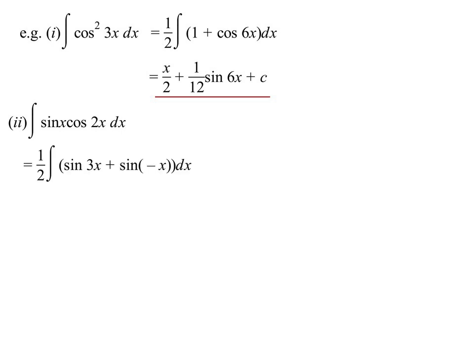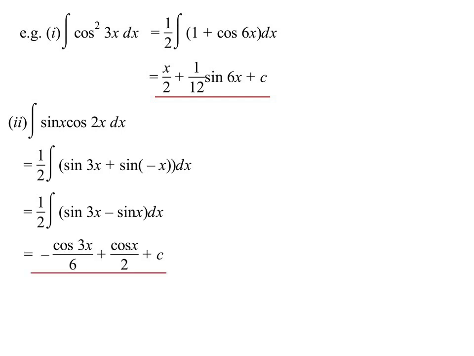So that'll be a half the sine of the sum, and 2x plus x is 3x, plus the sine of the difference. And remember, when we're talking about the difference, it's important that the sign is first, because it'll be x minus 2x, and sine being an odd function, then that becomes minus sine x. When we integrate on that one, minus cos 3x on 6 plus cos x on 2.